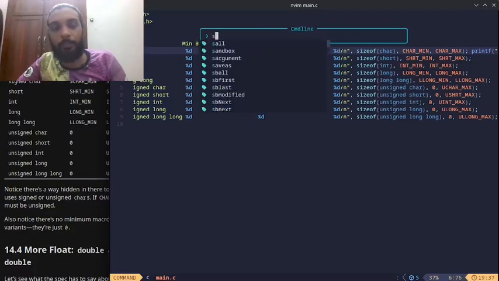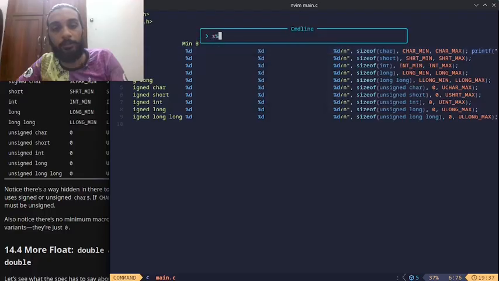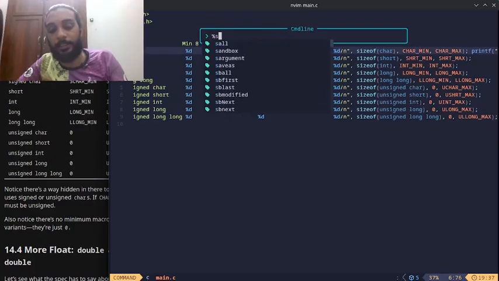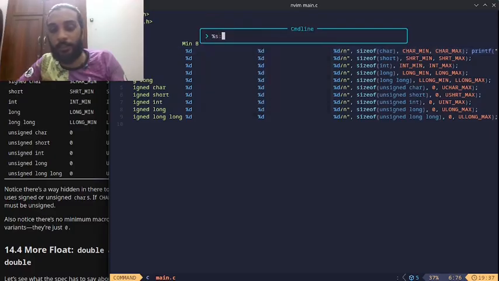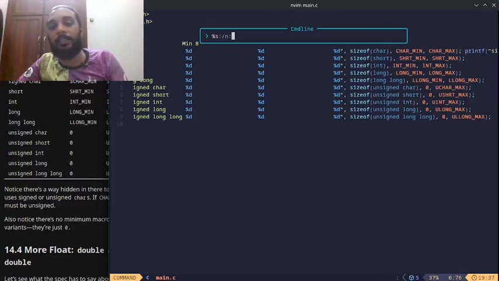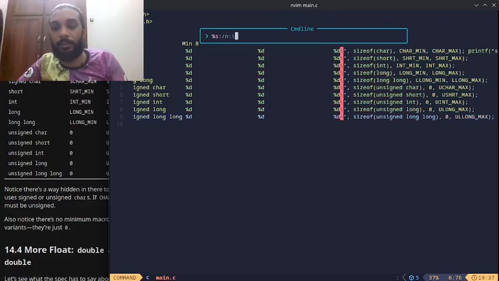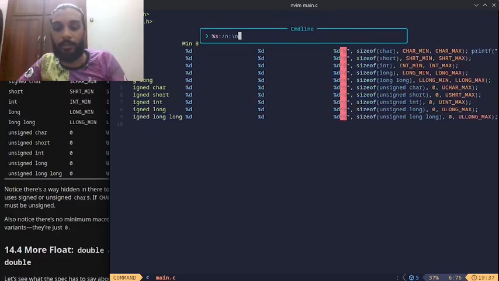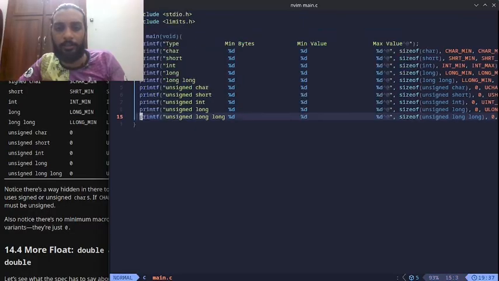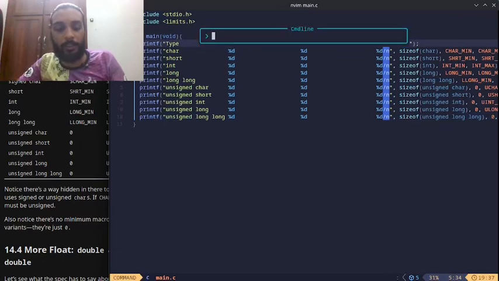Yeah, this is how I replaced, by the way. Was it percentage S? No, it was percentage S and do this, and it was /n and then do this and do /n. Wait, I'm just gonna do it again.